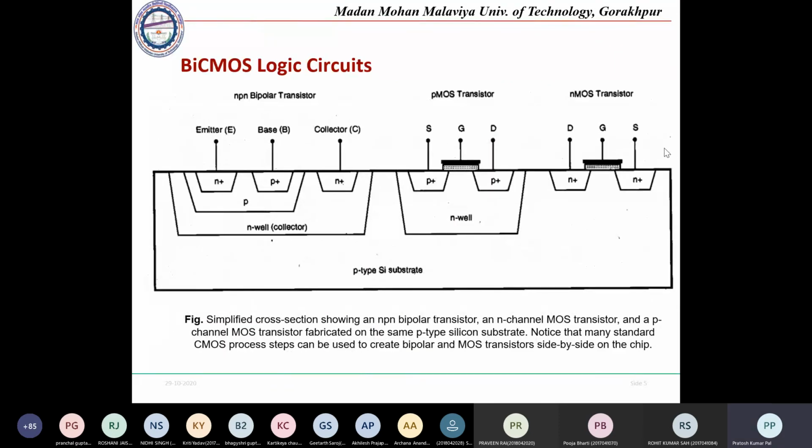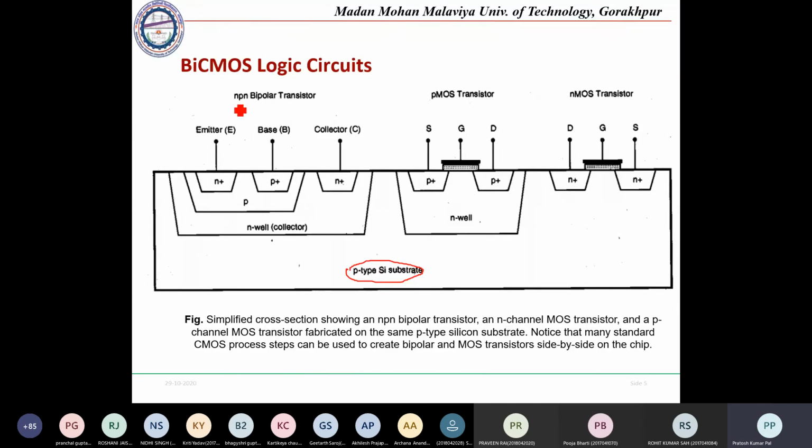This is how the fabrication takes place. Here we can see a single P-type substrate, a complete P-type substrate; the whole area is a P-type substrate.